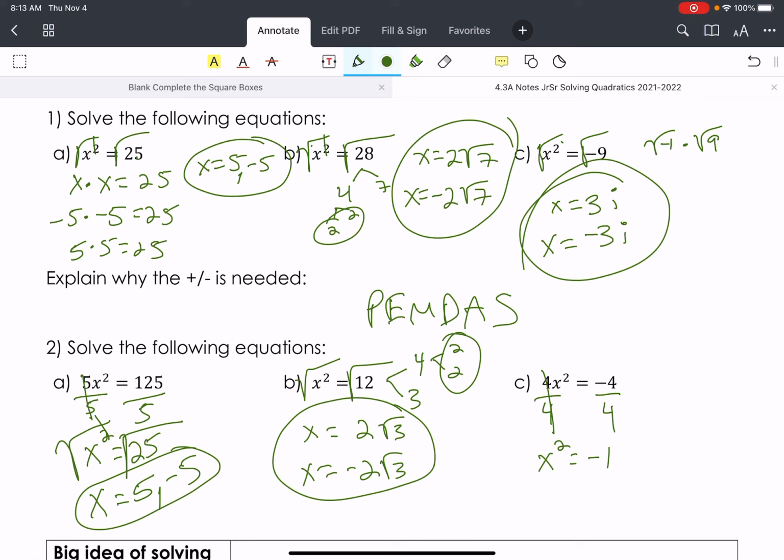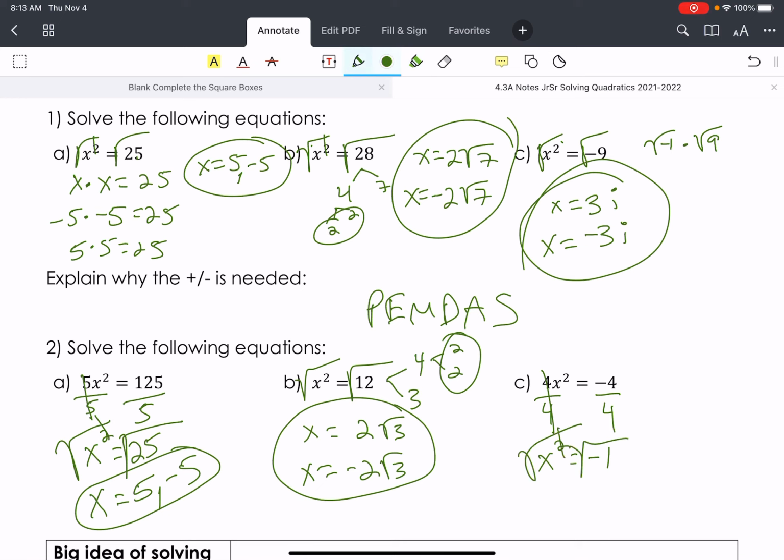Am I done? Is x alone? Do I have 2 answers? No? What do I do? I gotta take the, I forgot what it's called. It's the thing. Square root. There it is.